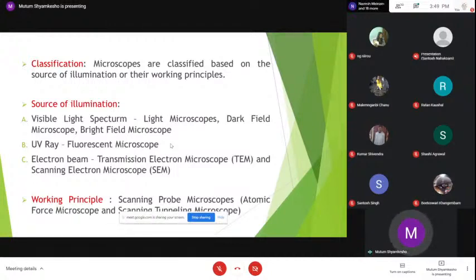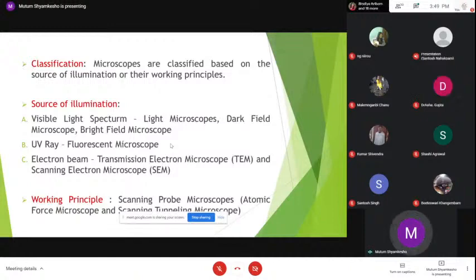In the bright field light microscope, both the diffracted and the undiffracted rays, this diffraction being caused by the specimen to be seen through the microscope, are collected by the objective lens, and the image of the object is formed against a bright background, and thus the name bright field microscope.